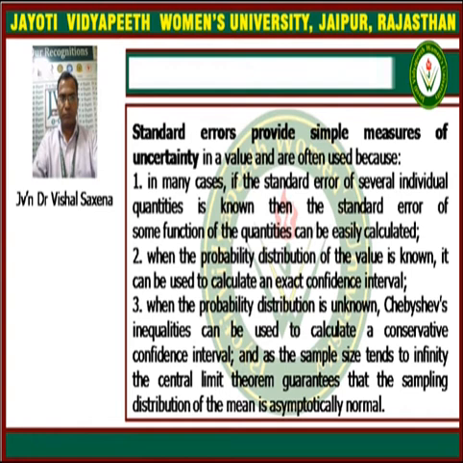Second point is that in the condition where the probability distribution for the value of the statistic is known, it can be used to calculate an exact confidence interval. And third point, when the probability distribution is unknown, the opposite condition of the second point, then Chebyshev's inequality can be used to calculate a conservative confidence interval.